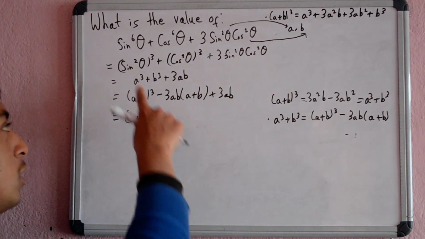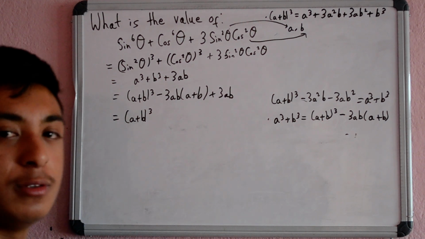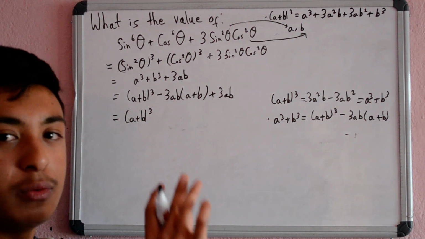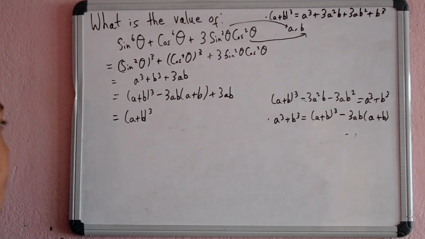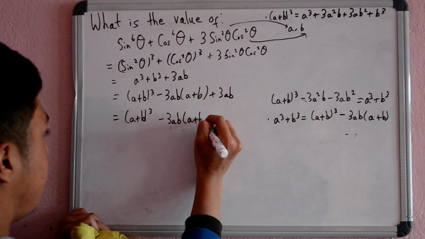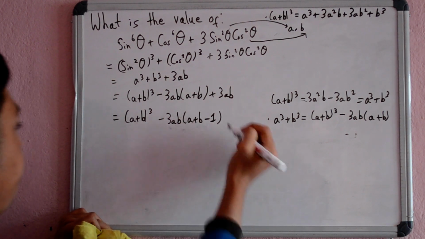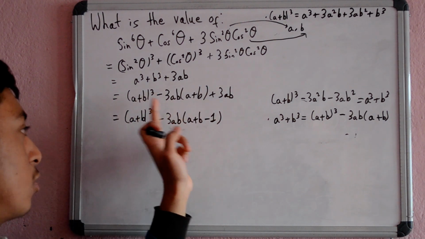We're just letting a and b because it will be easier to compute, and it will take less time than rewriting sine square theta, cos square theta over and over again. So this is minus 3ab, a plus b minus 1, because we have taken minus common.